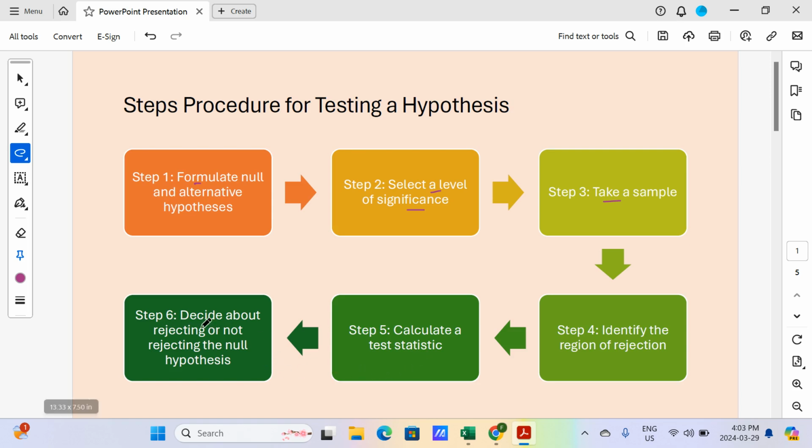And in step 6, we need to decide about rejecting or not rejecting the null hypothesis. Okay, so let's go to the question.